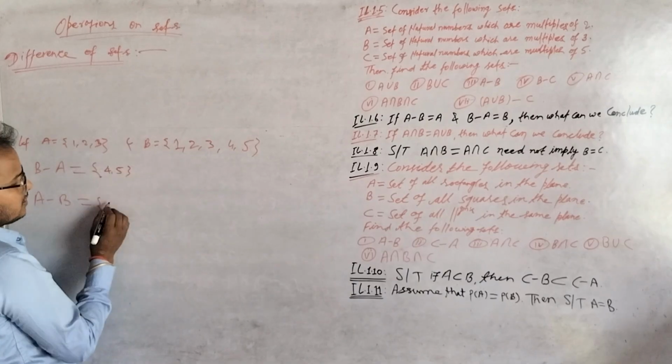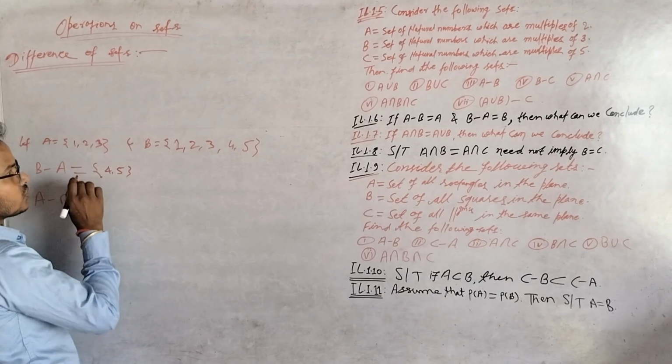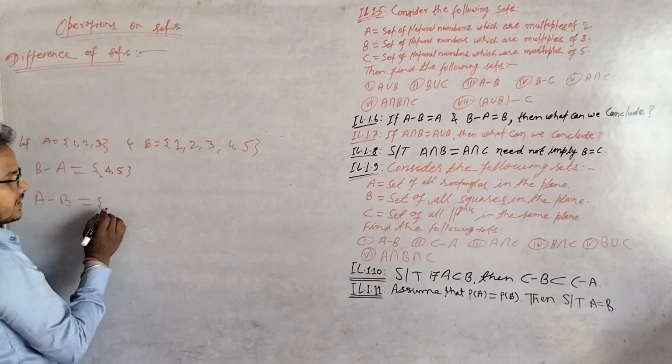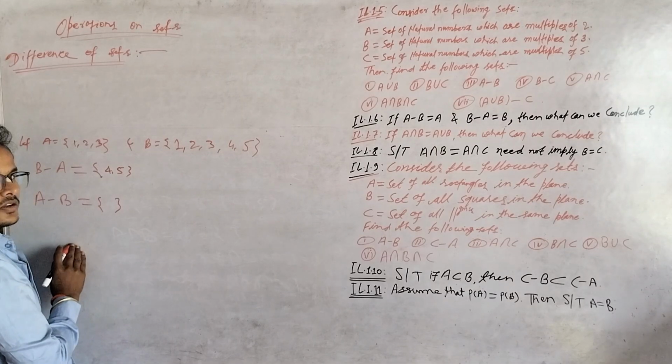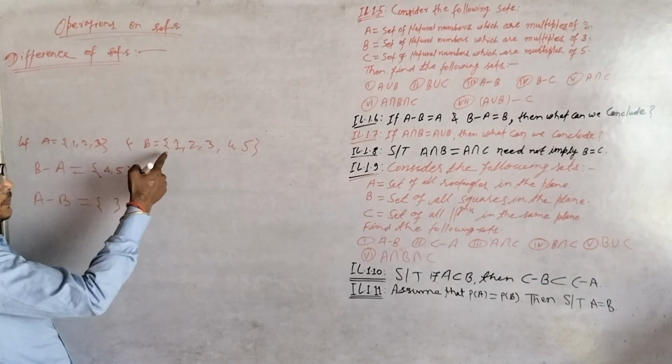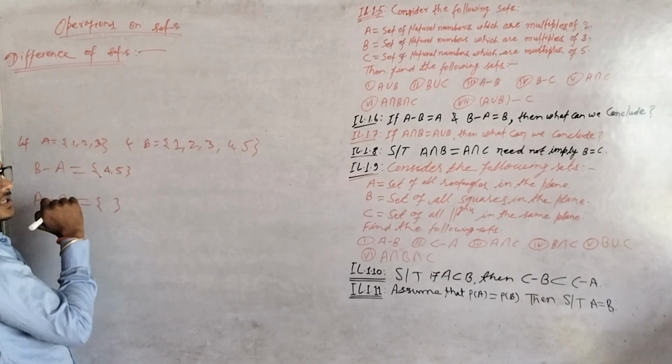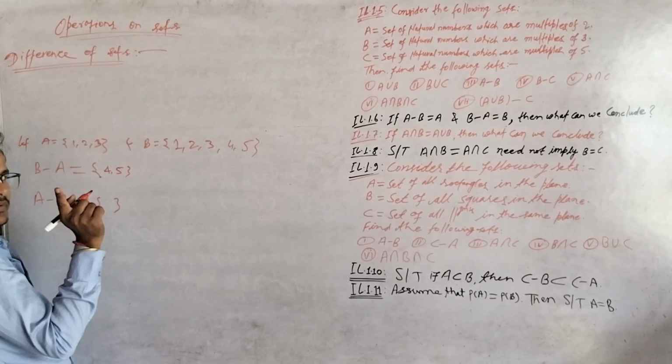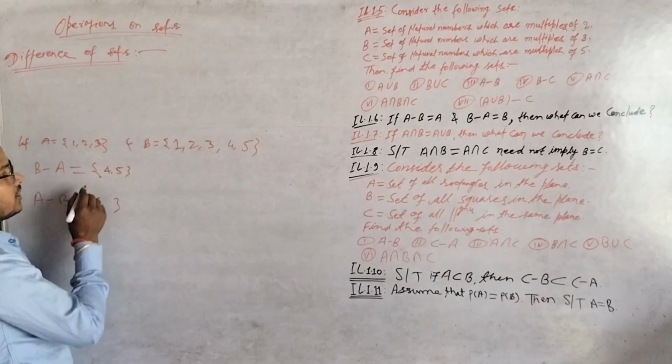So 1 2 3 are present here, 1 2 3 present in set B also. So all three elements are cancelled out. So here no elements are left.